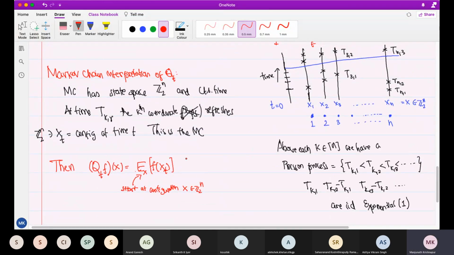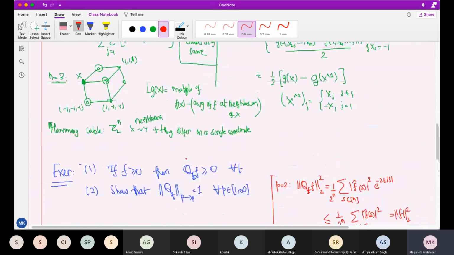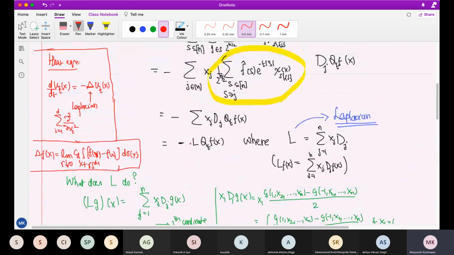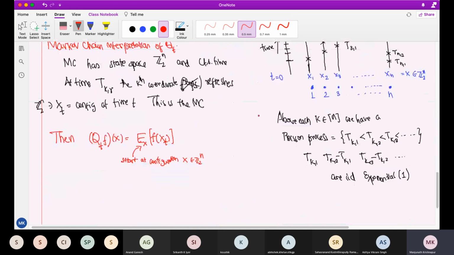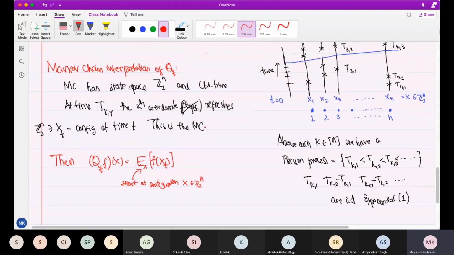For those who know the words, this L, or minus L, will turn out to be the generator of this Markov chain. It is the infinitesimal description of how the Markov chain evolves. But let me not go further into that. The Markov chain interpretation is useful.